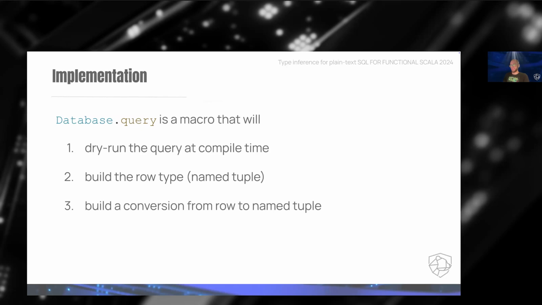And then it will build a conversion function that takes the row from the database and creates an instance of this named tuple. And then finally, it will put all these things together to create the body of this function. So that's the high level idea. And now we can look at the individual steps.